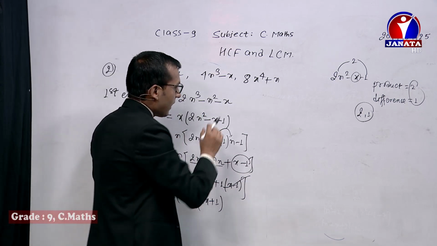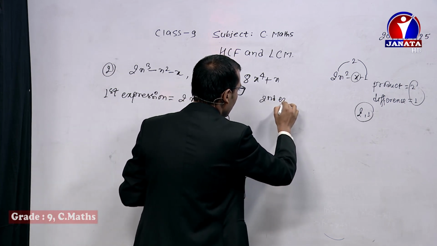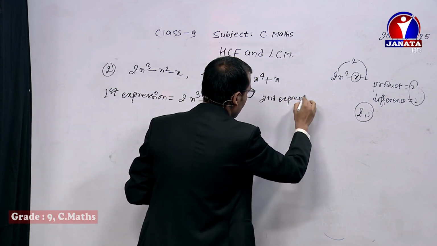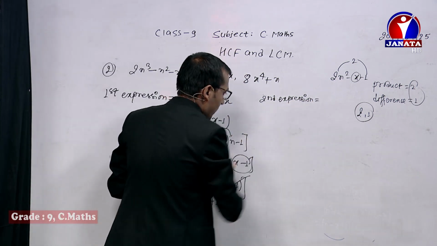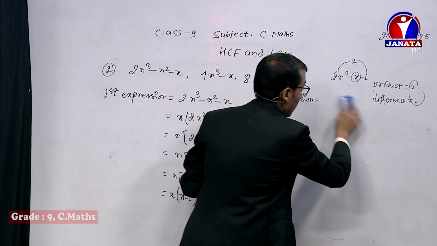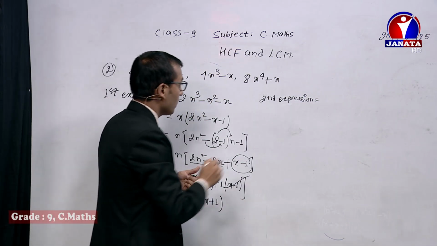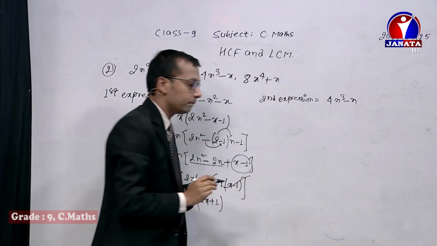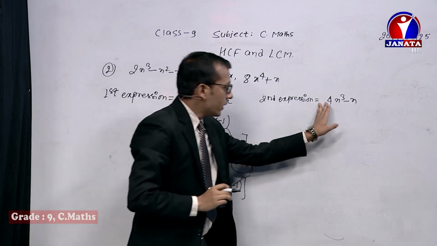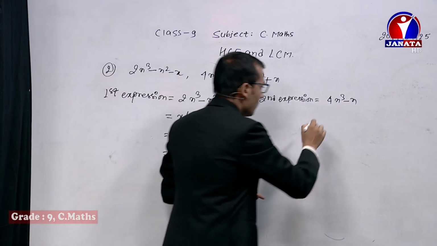Now let's factorize the second expression. Here the second expression is 4x cube minus x. What is common from the first and second term?